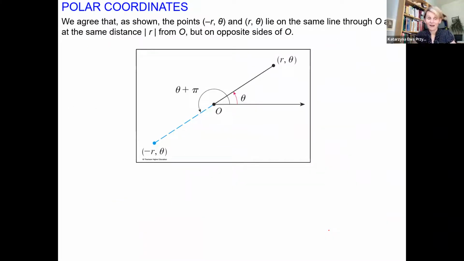When the quantity r, the distance from the origin, is defined through a negative number, then one important characteristic is that the point will always be plotted in the opposite quadrant to the given angle.